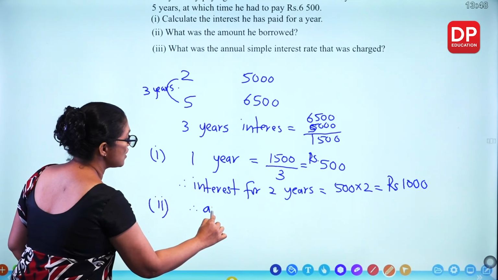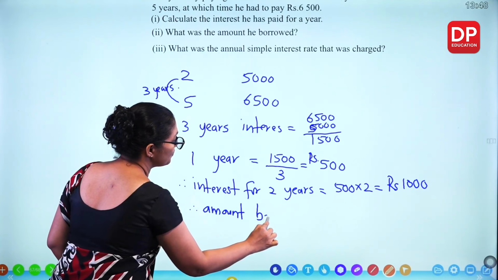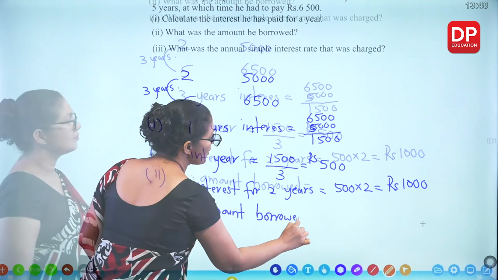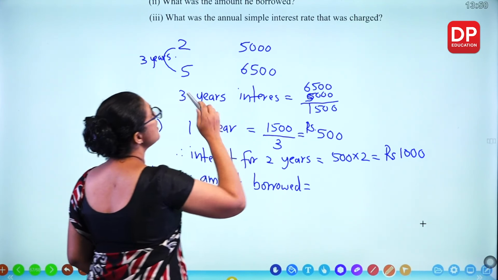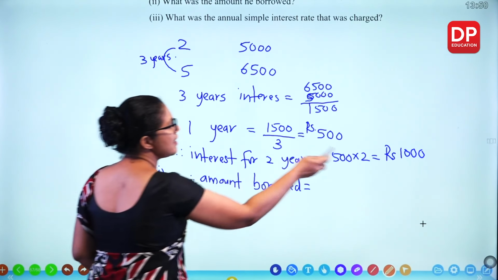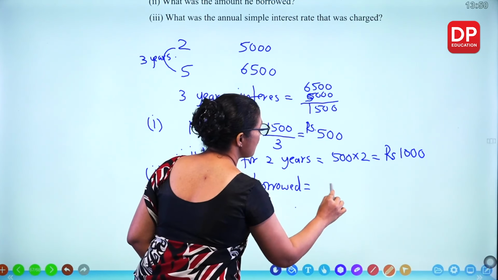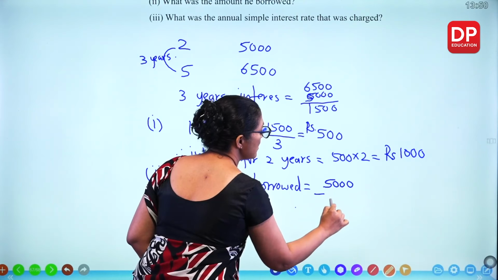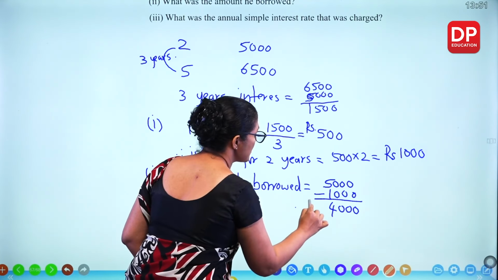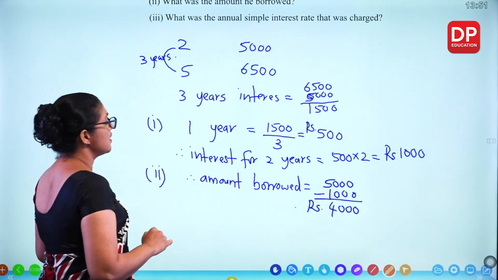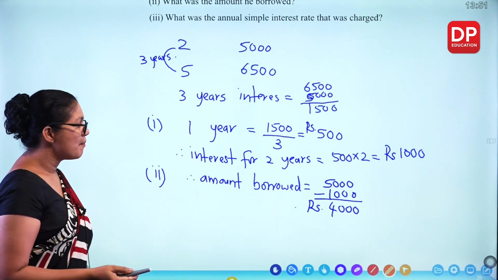So what's the amount borrowed? Here 5,000 paid with the interest. Interest is 1,000. So you need to subtract 5,000 minus 1,000. You get 4,000 rupees. That's the amount that he borrowed.